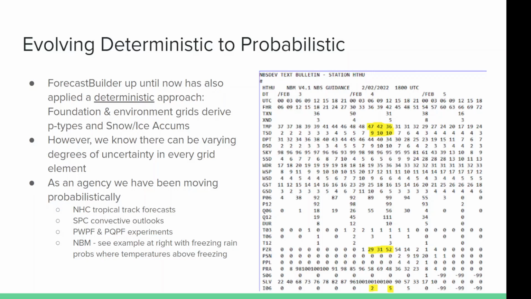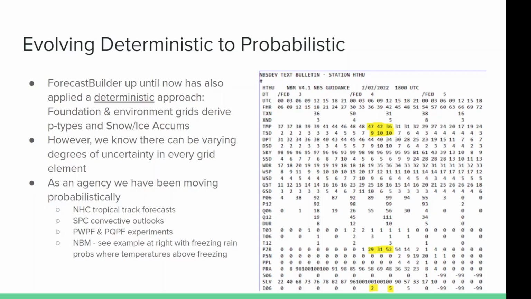So seeing this example here, notice up top that we have temperatures forecast from the NBM in the 40s and upper 30s. However, if you look below, look at that probability of freezing rain. It's certainly non-trivial, right? It's in the 30s and it rises to 50% later in that forecast period. And you even have some ice accumulation noted there.